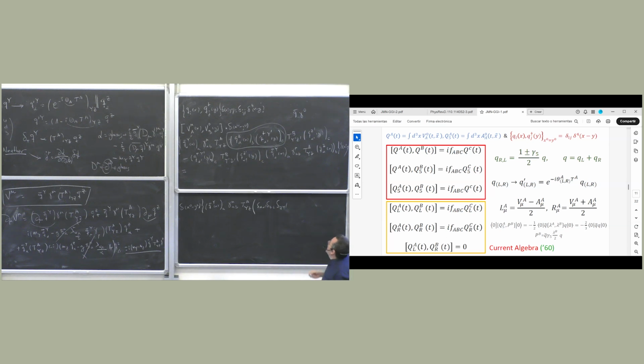And now this is going to be delta 3 of x minus y, because I have already a delta x0 minus y0. Let me check that I haven't made any mistake.